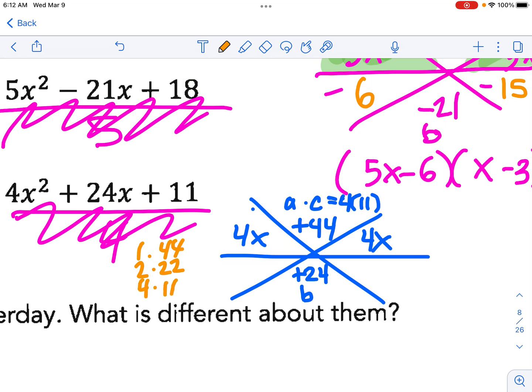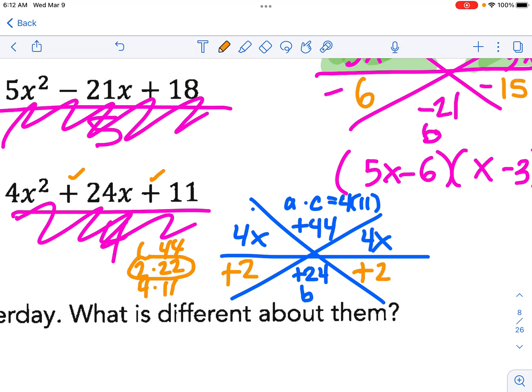And we have to make 24. And these are all positives, so it's a plus plus. I have a positive product, so I know I need like signs, and I have a positive B. And this is the only way we can make 24 with positives.